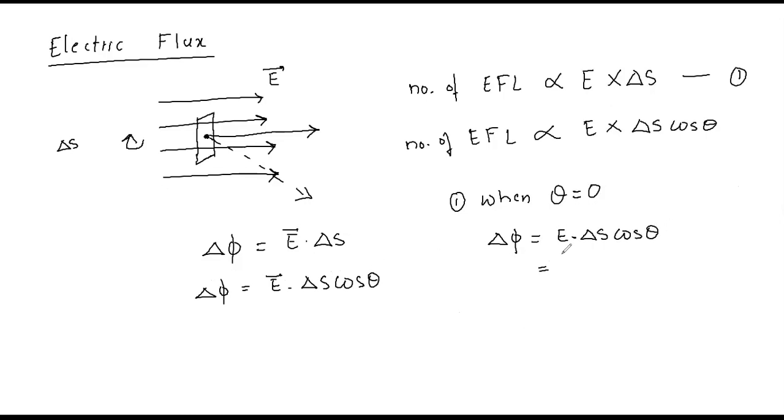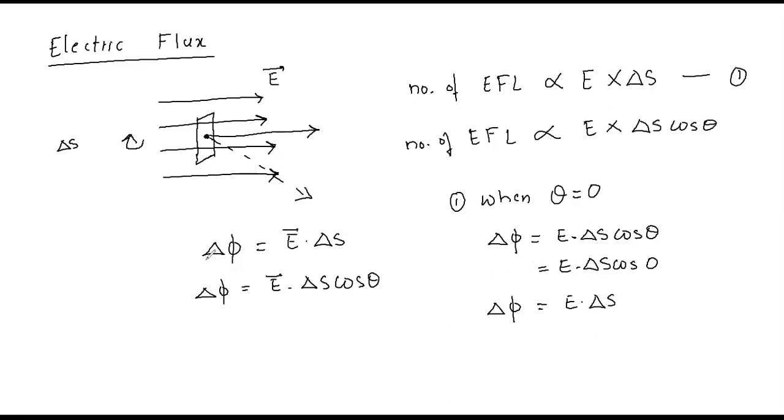Substituting theta as 0, we get E into delta S cos 0. Cos 0 is nothing but 1. So delta phi is equal to E into delta S, which means the direction of the normal is in the direction of the electric field.